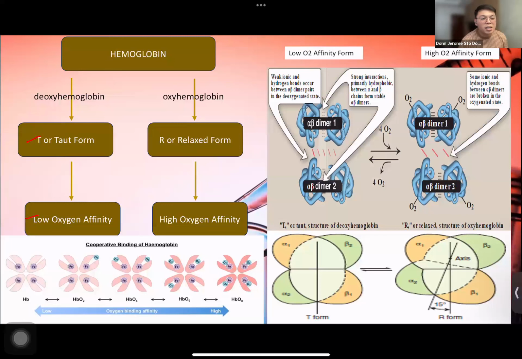In the deoxyhemoglobin form, meaning walang oxygen na nakakabit doon sa hemoglobin, no? The ionic or polar bonds are said to be multiple and they are present in increased number. Therefore, your hemoglobin is in a rigid position, hindi siya makagalaw. That is what we call the T or taut form or the low oxygen affinity form.